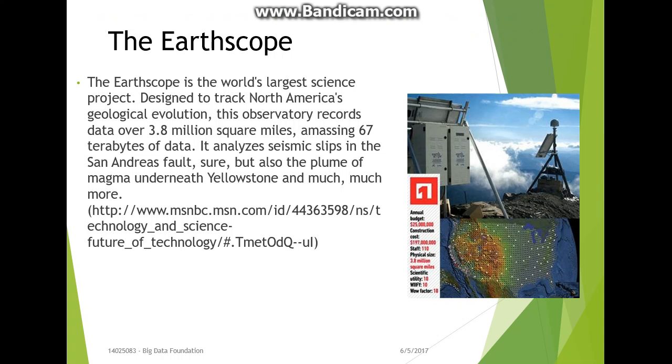EarthScope is the world's largest science project, designed to track the North American geological evolution. It will observe and record data over 3.8 million square miles, amassing 67 terabytes of data.